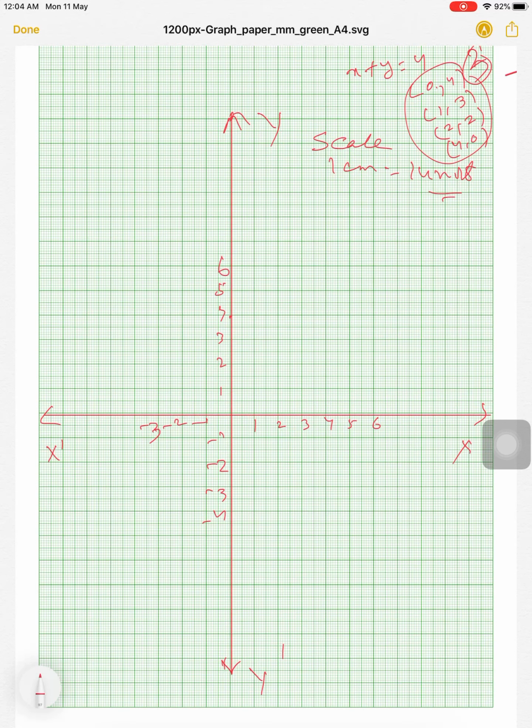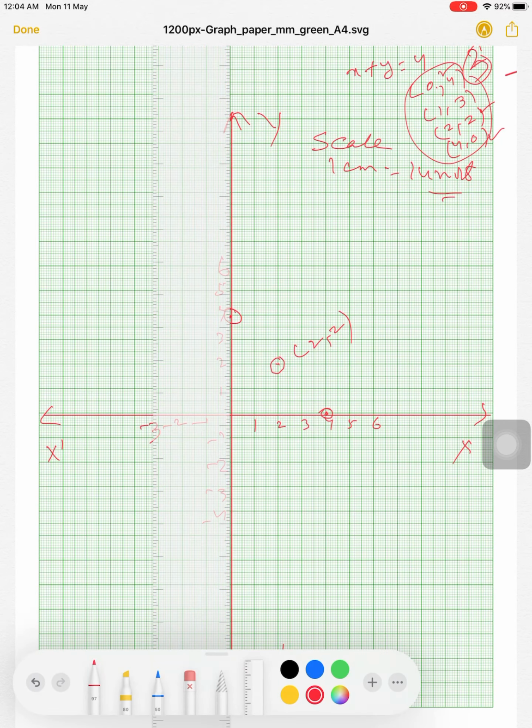This point is 0, 4, and this point is 4, 0. I can take any other points. Let me take 2, 2. This is the point 2, 2. And now I shall join these points with a scale.